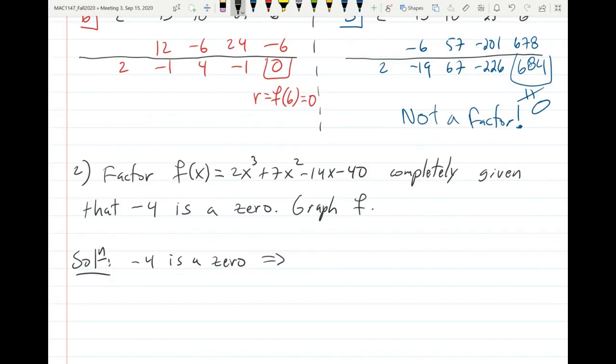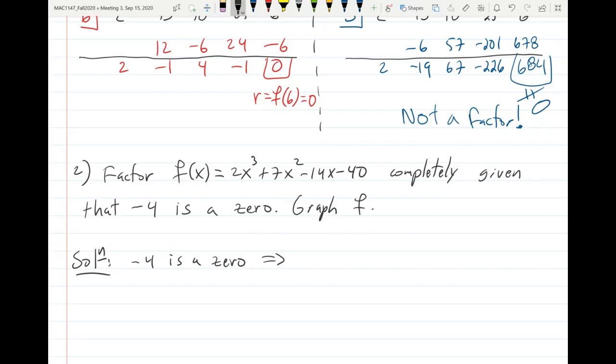Who can tell me this? If negative 4 is a 0, what does that mean? What will be a factor for a polynomial according to the factor theorem? Anybody? No, what would be a factor of our polynomial?